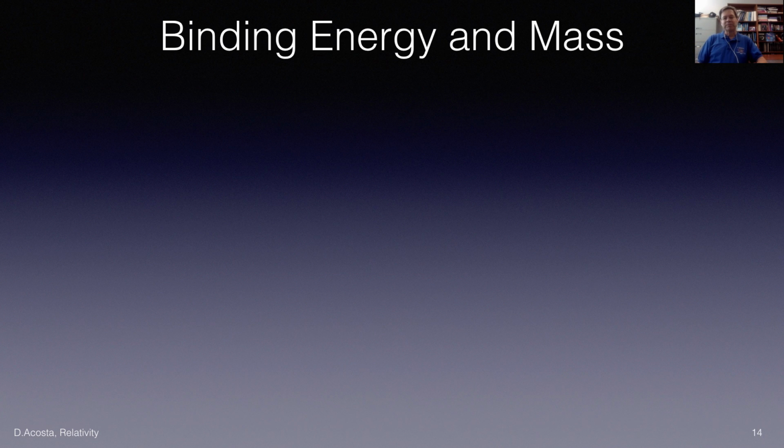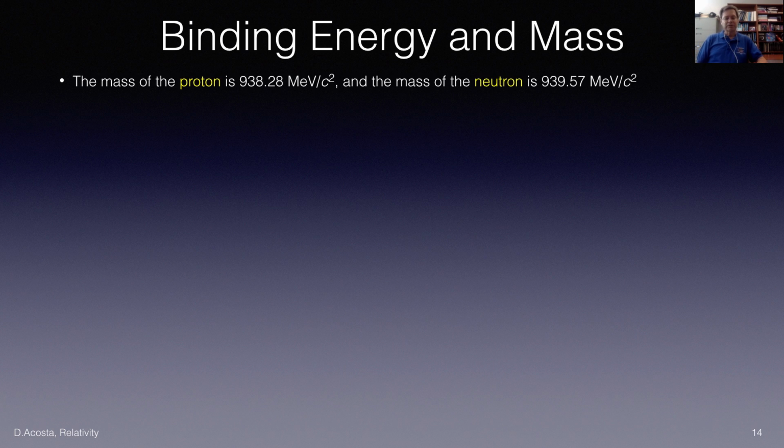Let's talk about this concept of binding energy and mass. For example, the mass of the proton is 938.28 MeV per c squared. In other words, the rest mass energy is 938.28 MeV, mega electron volts. And the proton is a particle that comprises a nucleus.